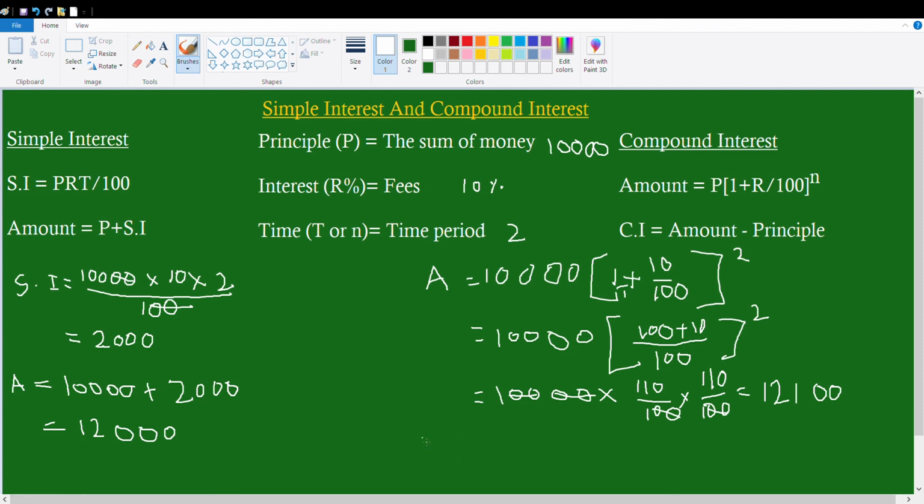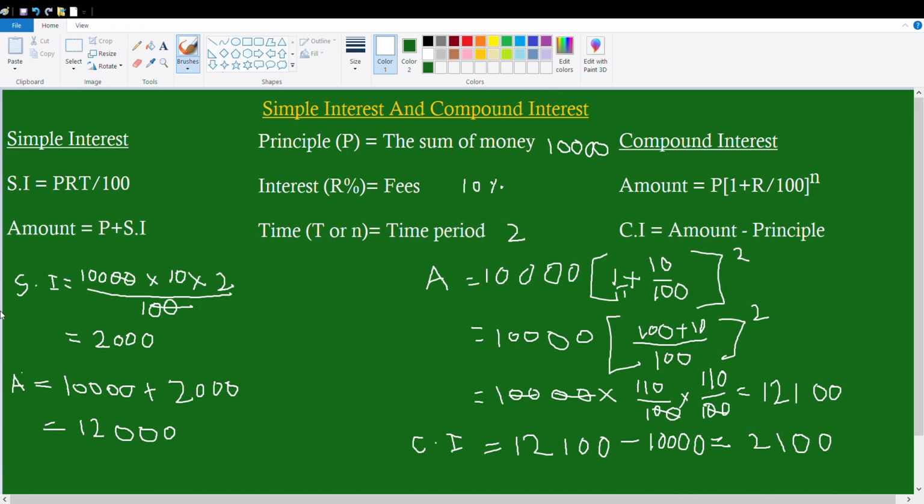Let's calculate the compound interest, which is equivalent to amount 12,100 minus principal, which is 10,000, is equivalent to 2,100 rupees.